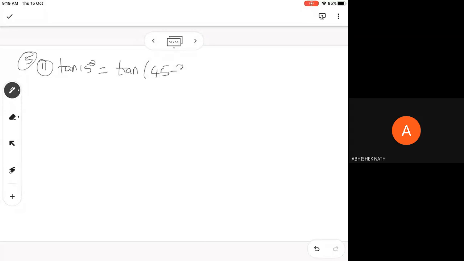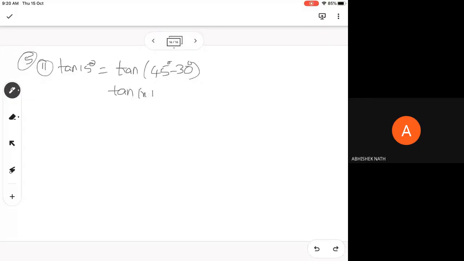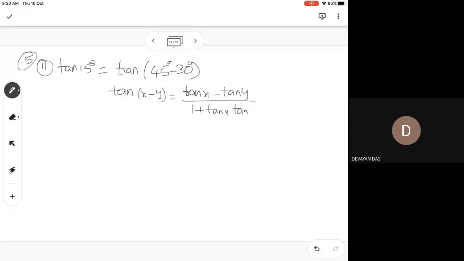So you can write the formula, tan x minus y is equals to, any one of you, tan x minus y is equals to formula. Sir, tan x minus tan y by 1 plus tan x tan y.